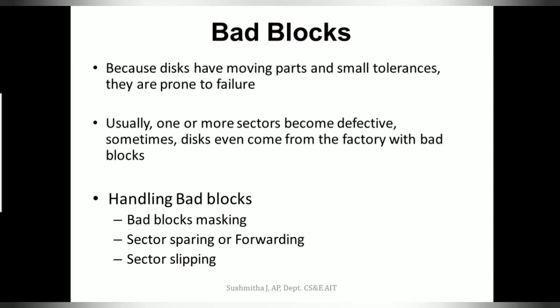To give an example of how sector sparing or forwarding works, say the operating system tries to read block number 60. The controller finds that the sector is bad and reports it to the operating system.